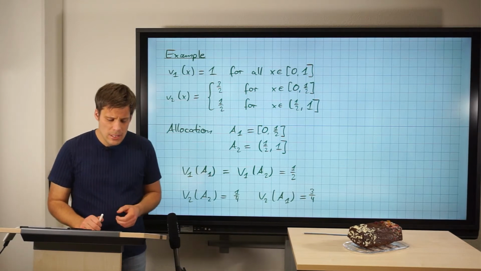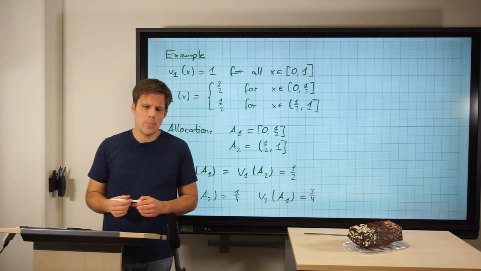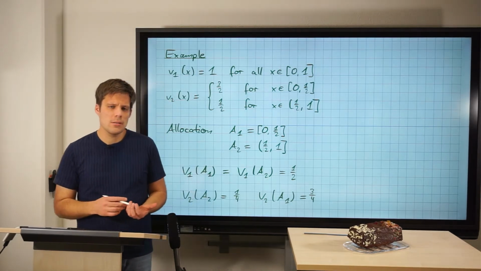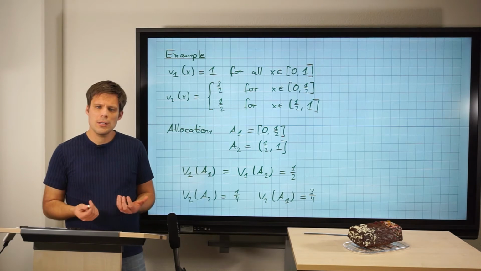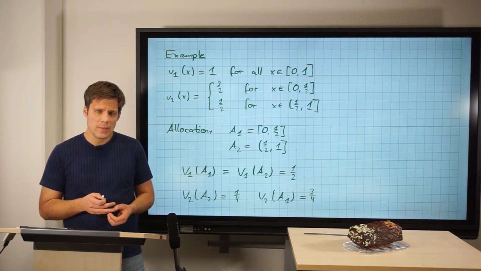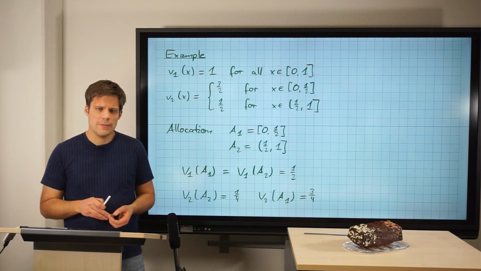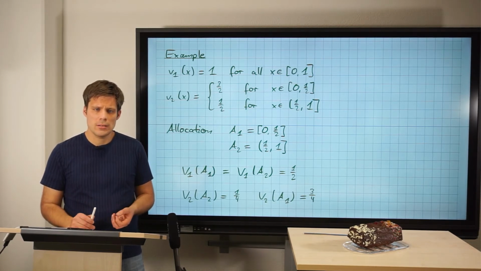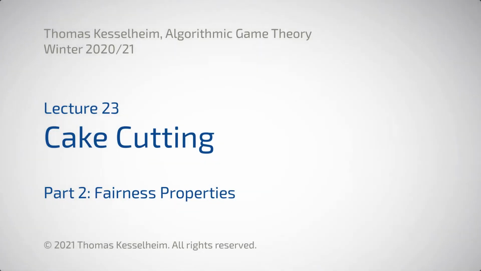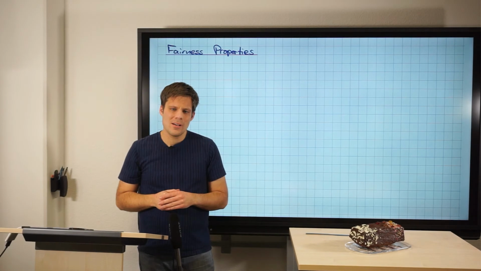So what we should discuss is how can we model fairness here? What is it that makes an allocation fair? And is there always a fair allocation? How can we find it? What is a fair allocation?